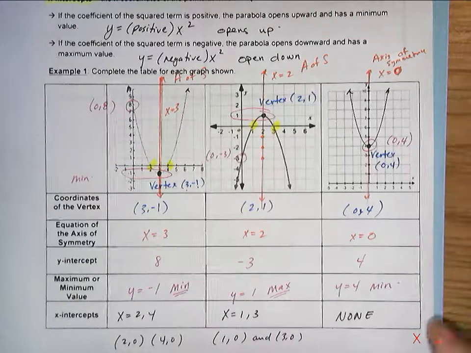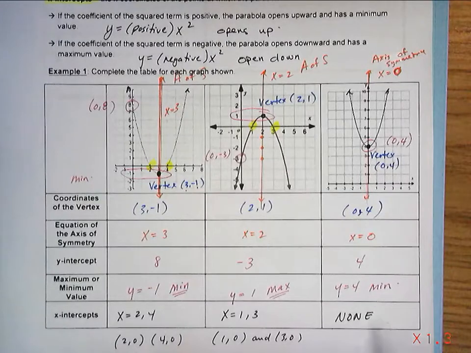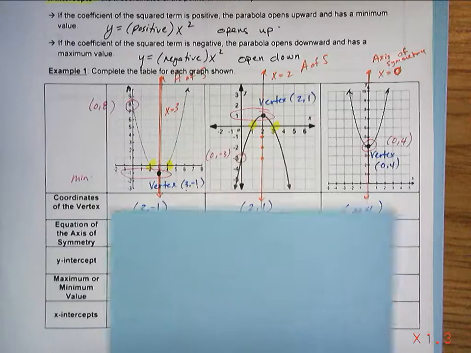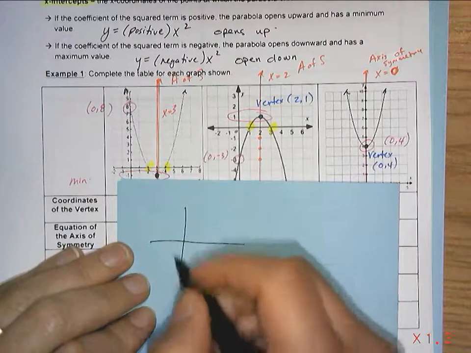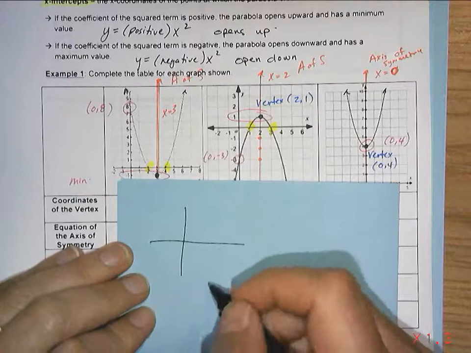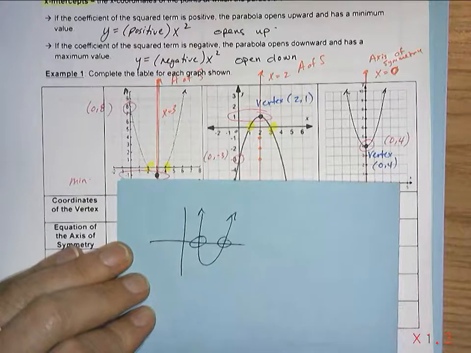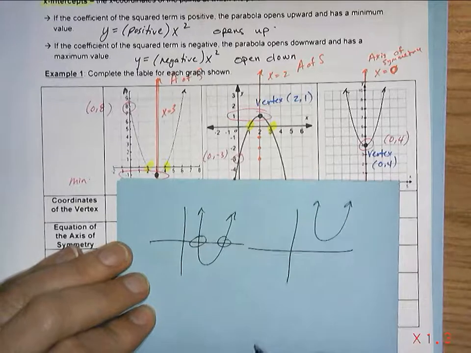So it's possible to have two x-intercepts. It's possible to have no x-intercepts. And what I don't have on here is an example where it would have one x-intercept. So there is an example where it's going to have two x-intercepts. Here's an example where it will have no x-intercepts.